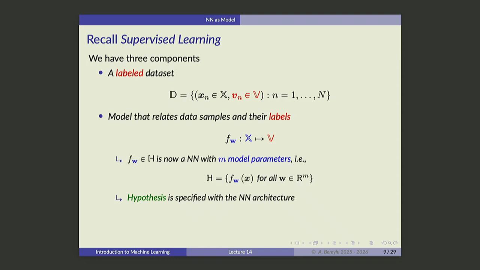But this one is not that strong anymore, especially if the neural network is deep enough, because the universal approximation theorem tells us that if it is deep enough, that's probably a right assumption. Well, it's not an assumption anymore, it's a fact. Okay, so that is going to be your hypothesis set. The hypothesis set is now the set of functions which are described by that neural network. And we know that this is huge.